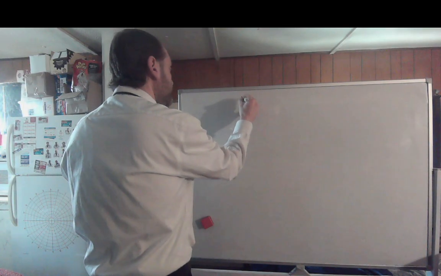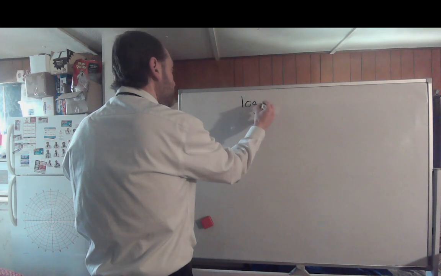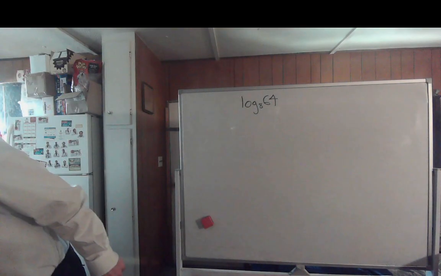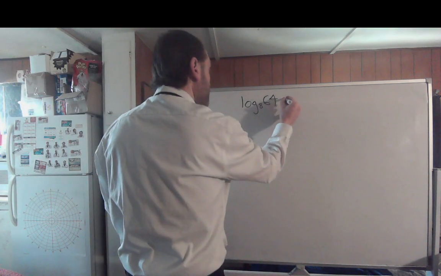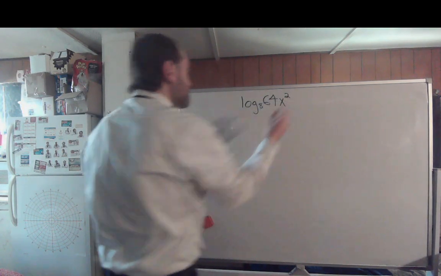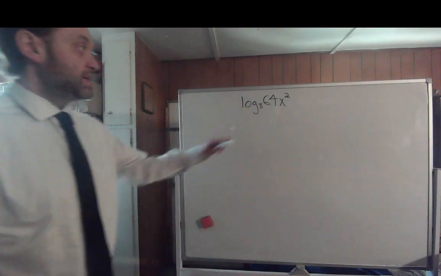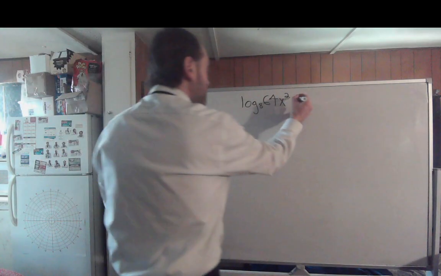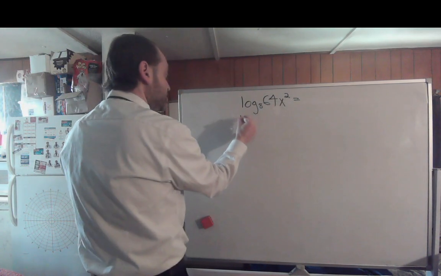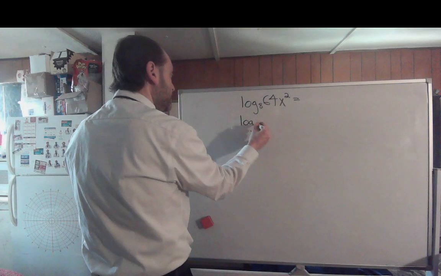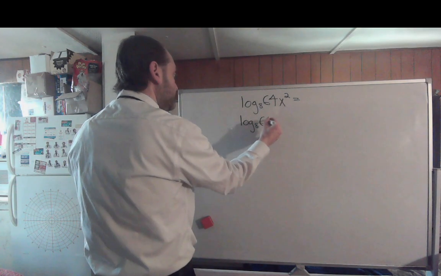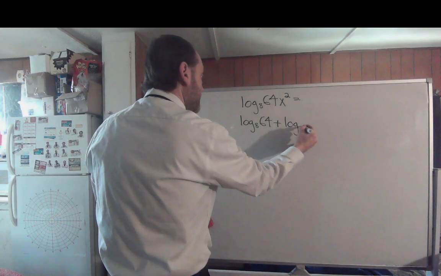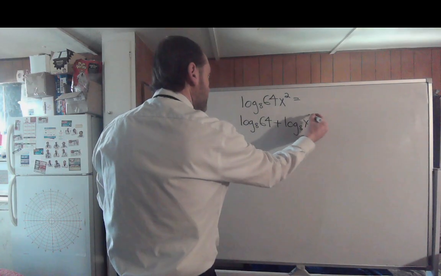Alright, let's see. We have the log base 8 of 64x squared. Well, first we have a product rule. This will turn into log base 8 of 64 plus log base 8 of x squared.